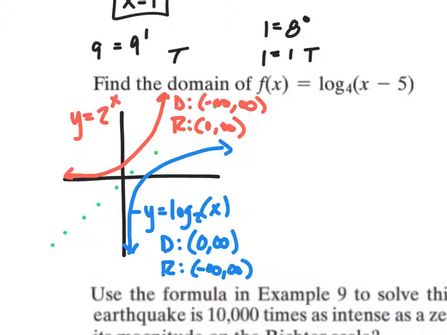So based on this, what I know is that my value x has to be greater than 0. That's what I'm concerned with, what goes in here, because I can't plug in a negative number. Remember why: on the exponential, my y values are always positive, therefore my x values are always going to be positive in my log function.